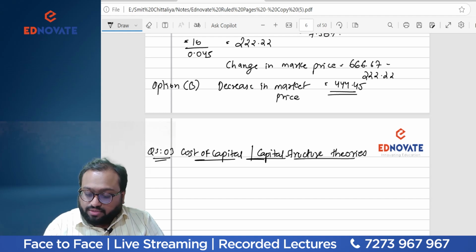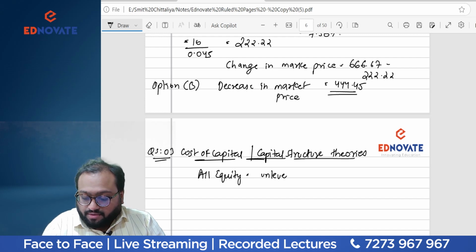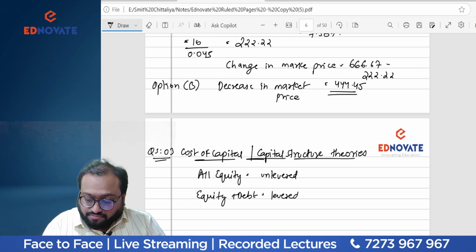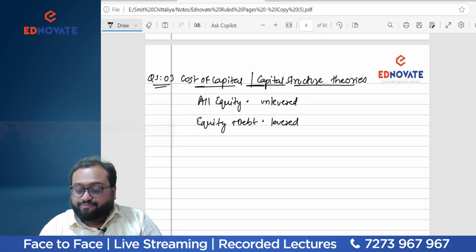Now, one thing we know that if it is all equity company, we say it as unlevered. Am I right? And when it is equity plus debt, we say that the firm is levered. And we know the formula of both.